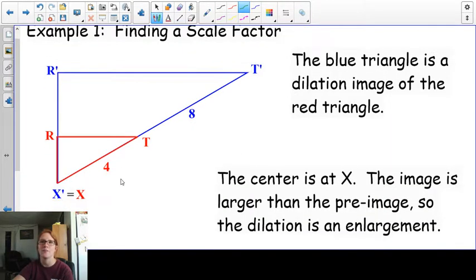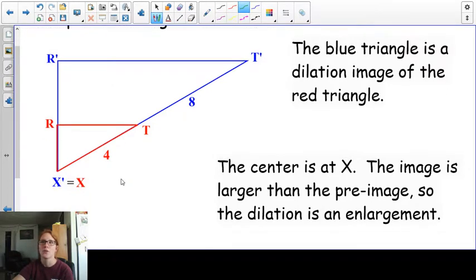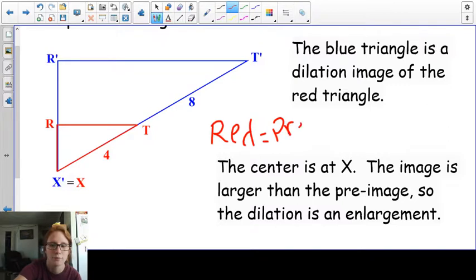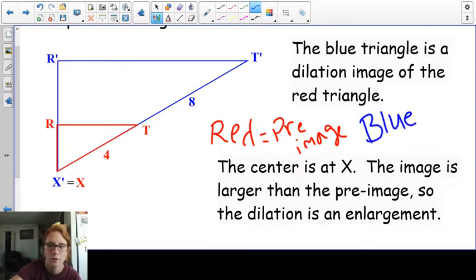Alright, so we're going to go ahead and find the scale factor here. So the blue triangle is a dilation image of the red triangle. Okay, what does that mean? That means that the red is the pre-image and the blue is the image.